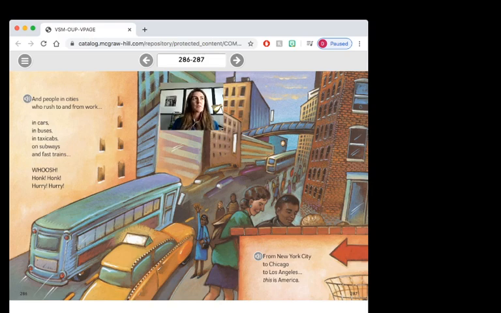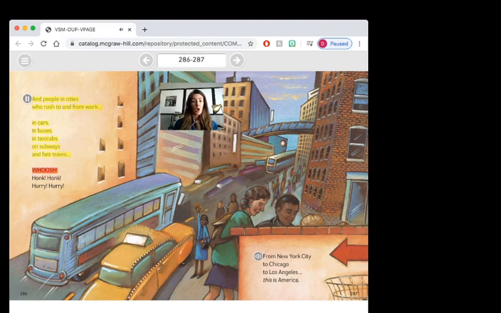And as we've talked about in the past, there's cities and there's countryside, right? New York City is a big city, right? It's not very rural as we learned about. And people in cities who rush to and from work, in cars, in buses, in taxicabs, on subways, and fast trains.